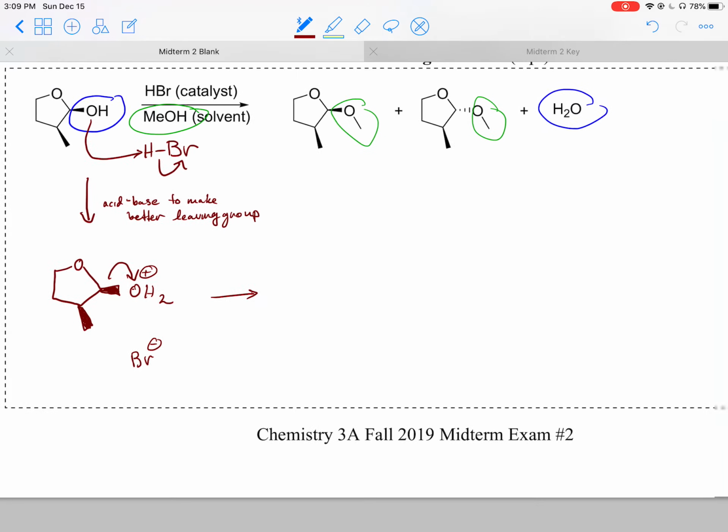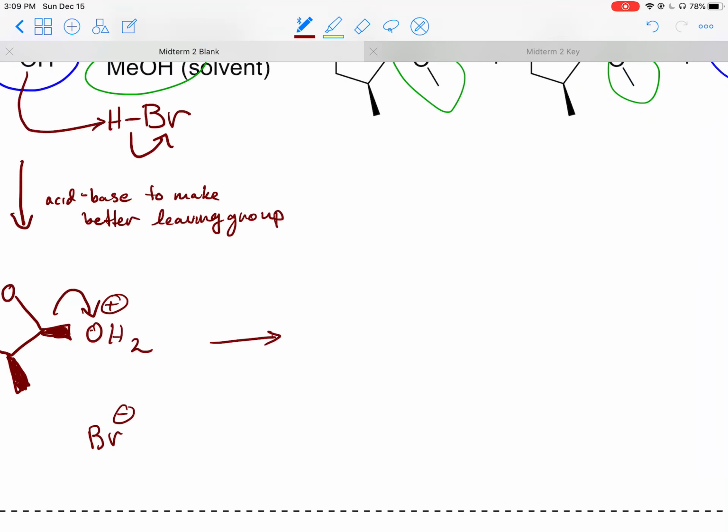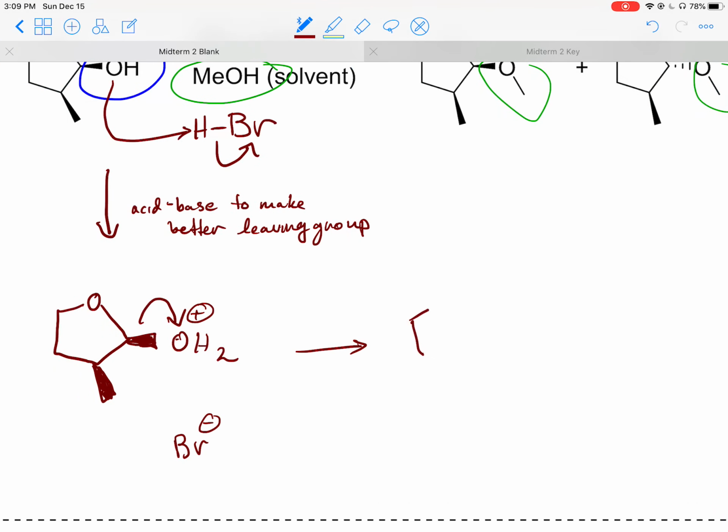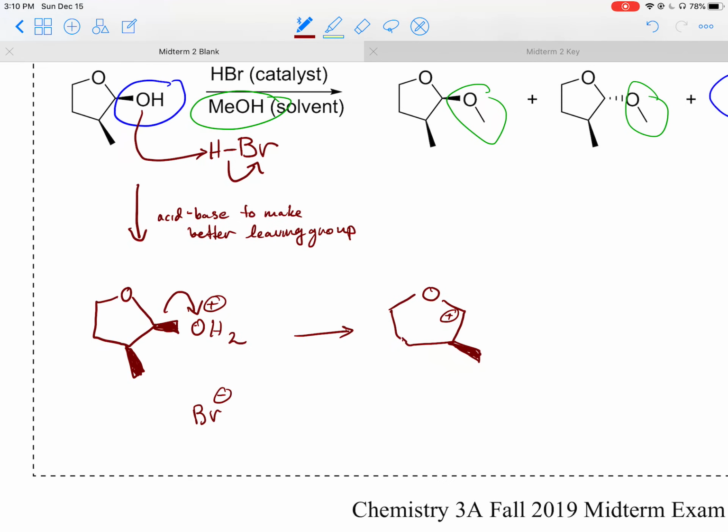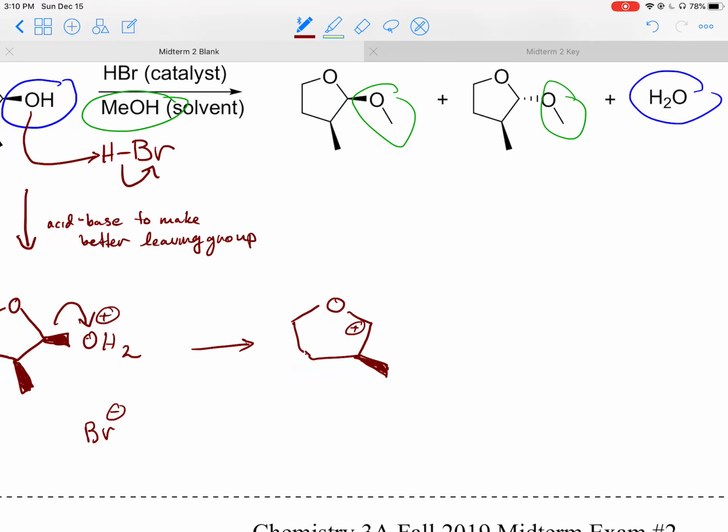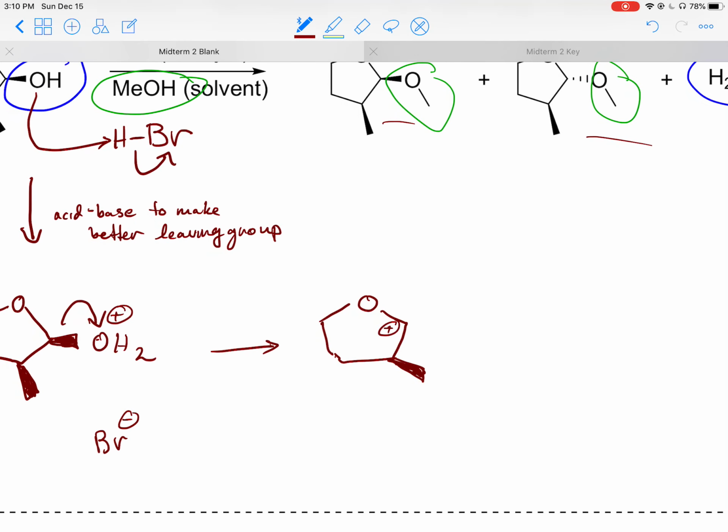So let's draw our next step. Now we're left with the carbocation, which is pretty stable. It's a secondary carbocation. We have this methyl group here, and we know that it's going to be a carbocation intermediate instead of an SN2 because we are left with two products at the end. So that kind of gave us a hint too.